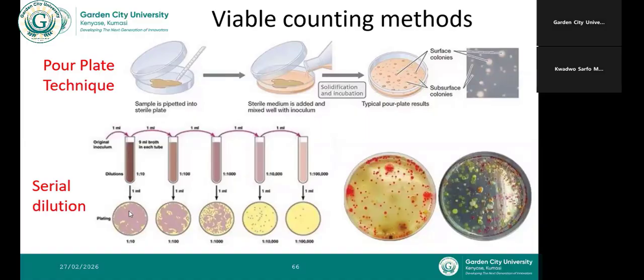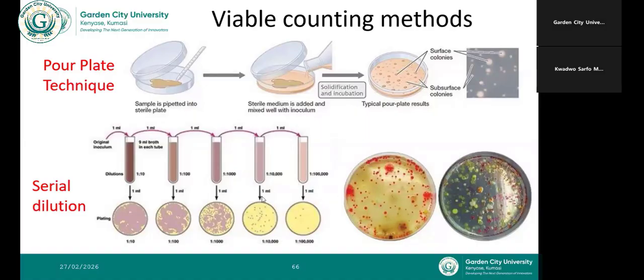Usually, if you use a 1 in 10 dilution, counting becomes difficult because you have several colonies that are overcrowded. But as you move to the right side, the colonies become distinct. So you can count the colonies for probably this one or that one, and then take into consideration the dilution factor, and then the volume that you use for plating. And this is how you estimate the viable count.